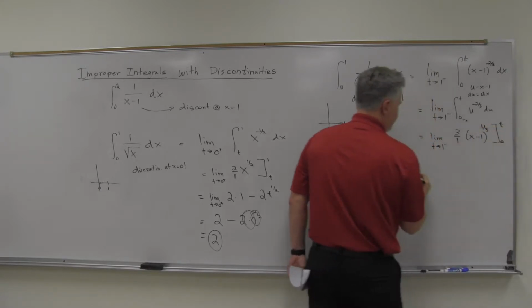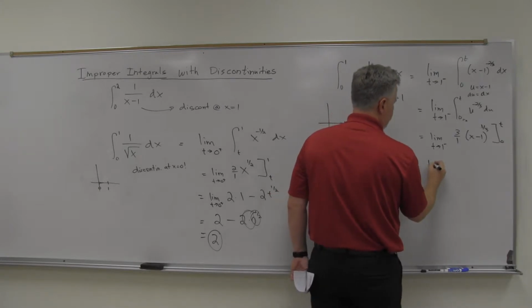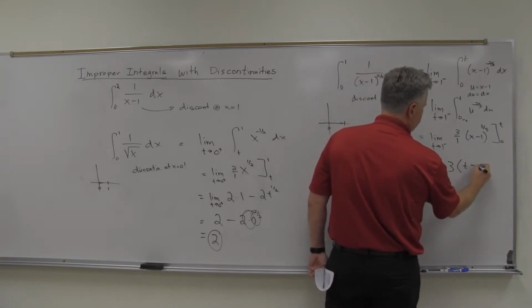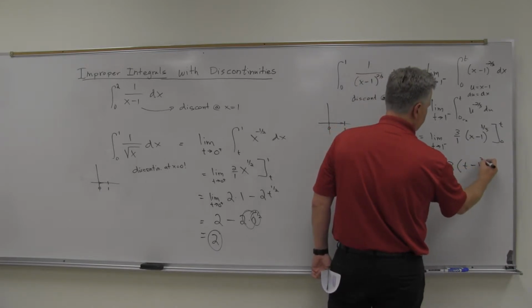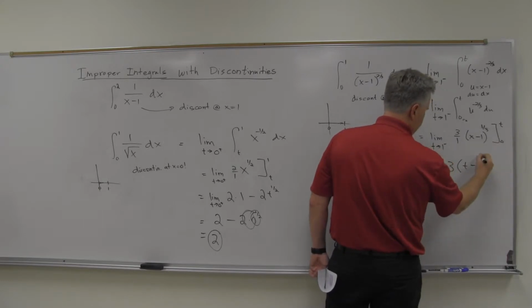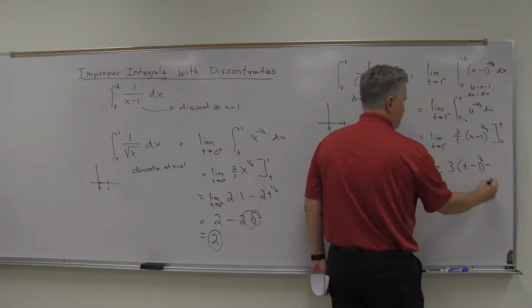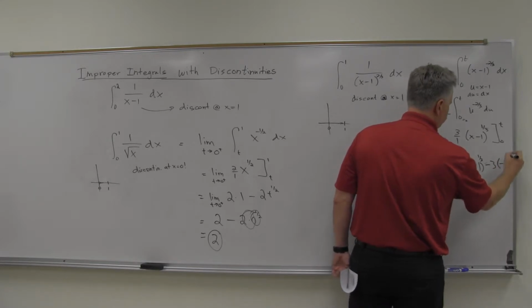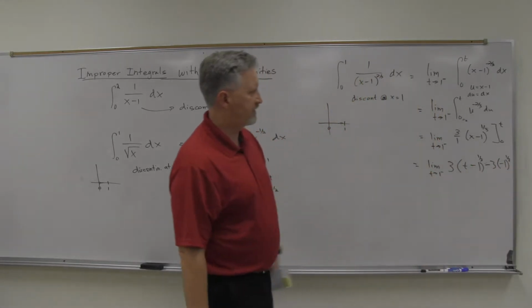Do that from 0 to t, so you've got the limit as t goes to 1 from the left of 3 times (t minus 1) to the 1/3, minus 3 times negative 1 to the 1/3. Plug in the 0, you get negative 1 to the 1/3, right?